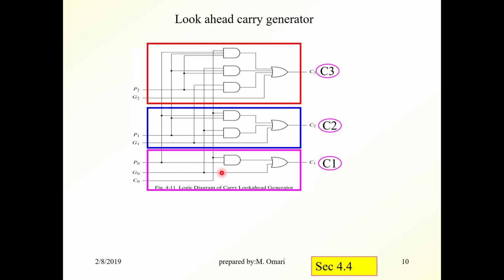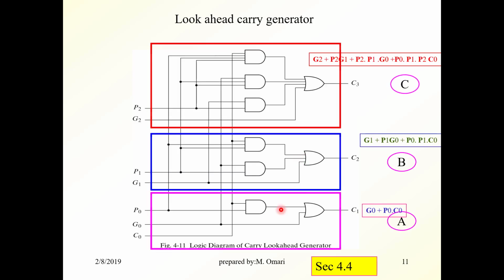This is a carry look-ahead generator for C1, a carry look-ahead generator for C2. This here is the circuit that generates C3. These are the three circuits and their output. These are the inputs. Remember what G0 is. It's X0 ANDed with Y0, which are given immediately. Now this is the circuit for C2, and this is the circuit for C3.